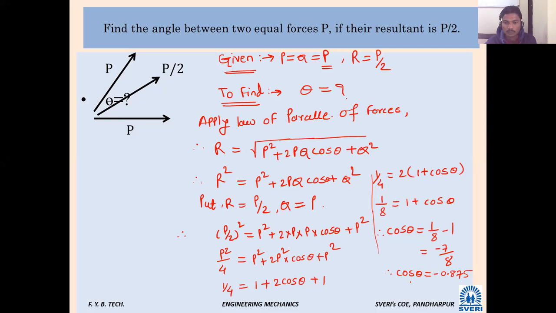Okay, then theta is equal to, just check. Theta 151.04. Yes, sir. Yes, 151.04.